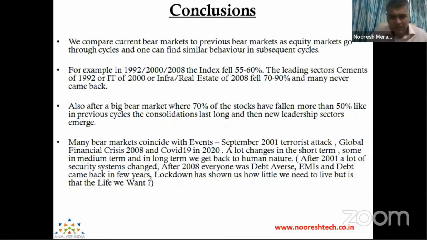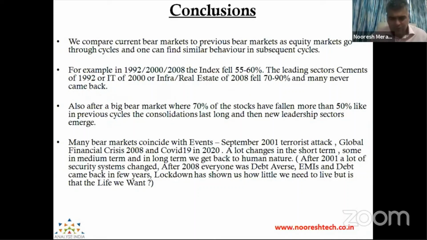We compare the current bear markets to previous bear markets, as equity markets go through cycles. Cycles are similar, but the reasons are very different. The 1992 reason was different, 2000 was different, 2008 was different, 2020 is different. But what we've seen is that over a long period of time, things do change.